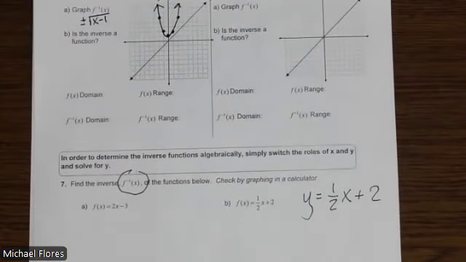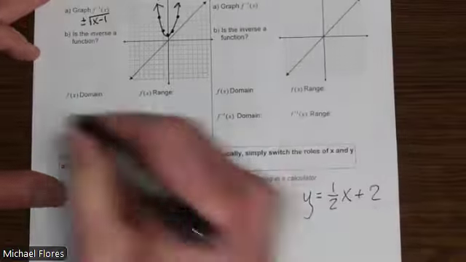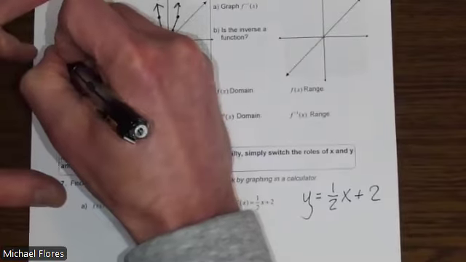I wrote down all the ordered pairs that we just plotted earlier. Now to graph the inverse, flip them and graph those points. So let's start flipping them, and then we'll plot those points.